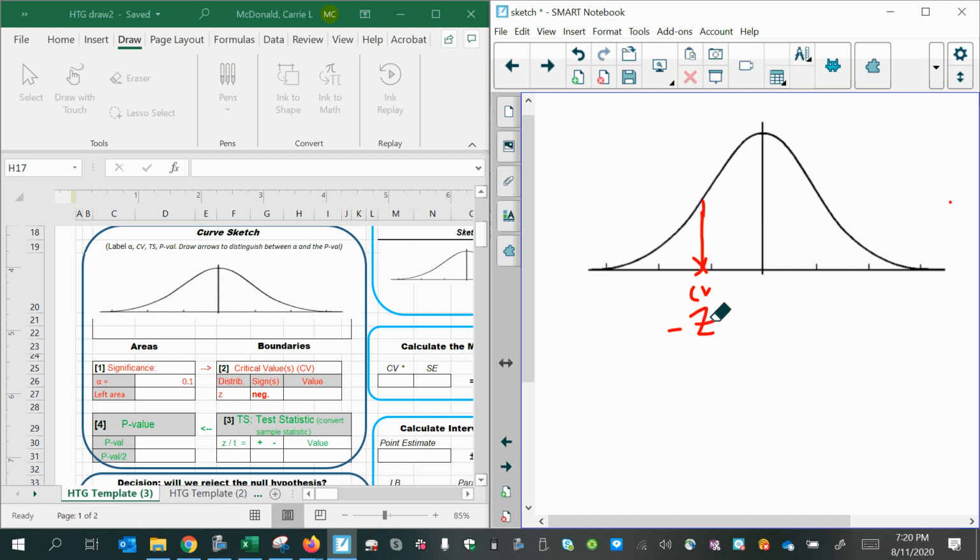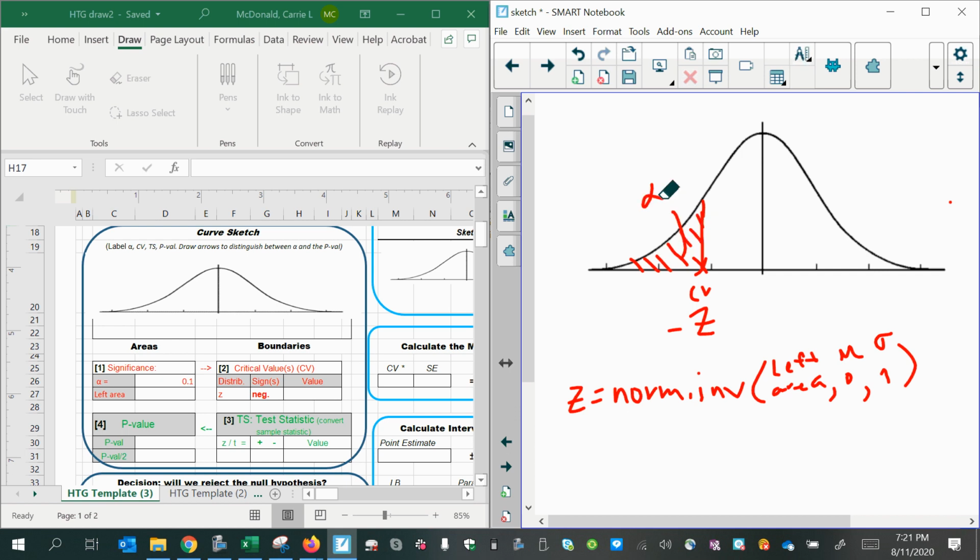And we find z-scores by doing norm.inverse, so it's the reverse lookup with the normal distribution, and we give it a left area, and the mean, which if it's a z-score, the mean is always 0 and the standard deviation is always 1. And the area that we have to the left of this boundary is the significance.